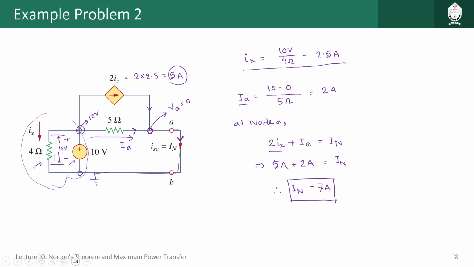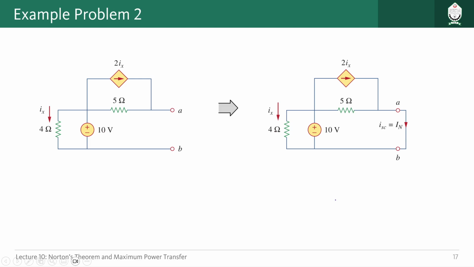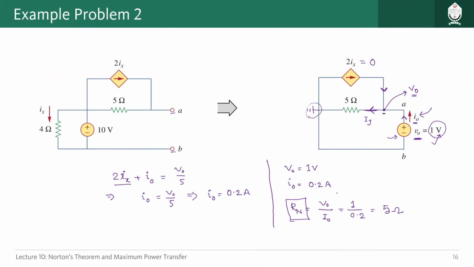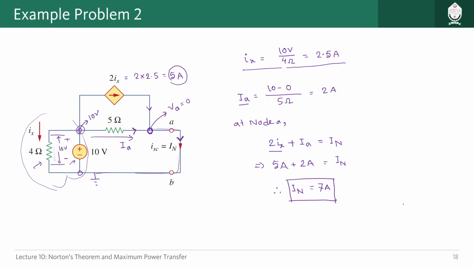So we have the value of IN, and previously we also found out the value of the resistor, which was 5 ohm. So let us also write that Rn is equal to 5 ohm. So we can just represent the whole circuit something like this.